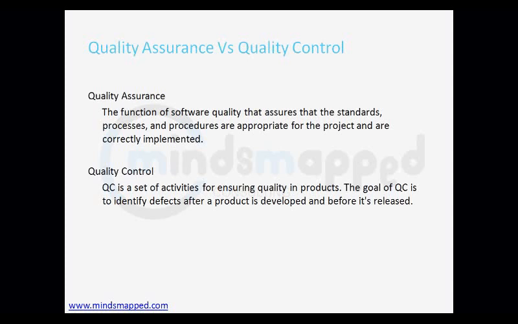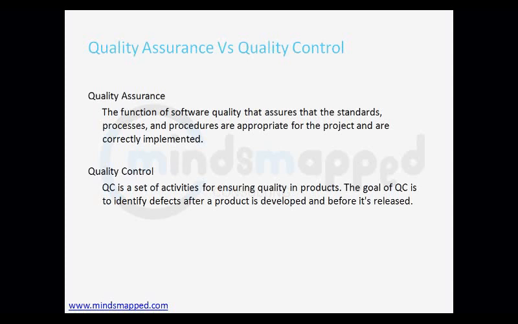While quality control is a set of activities for ensuring the quality of the product, right? The goal of quality control is to identify the defects after the product is developed and before it is released. So in quality control, we are doing the actual testing of the application, while in quality assurance, we are following the policies which the company has built.